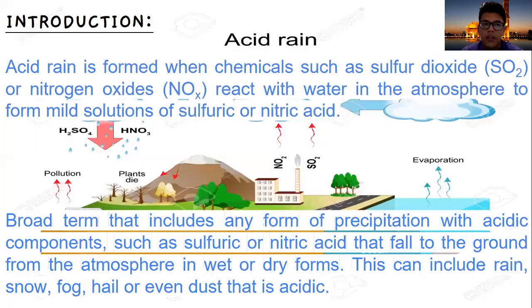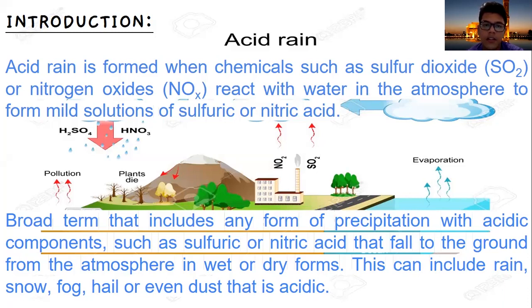For the introduction, acid rain is formed when chemicals such as sulfur dioxide or nitrogen oxide react with water in the atmosphere. Therefore, it will produce a mild, or low concentration, of sulfuric or nitric acid.